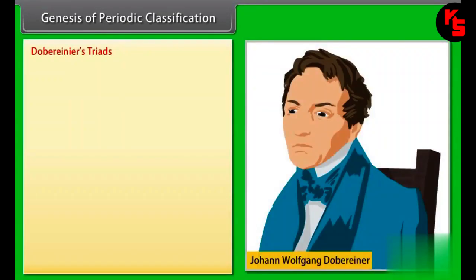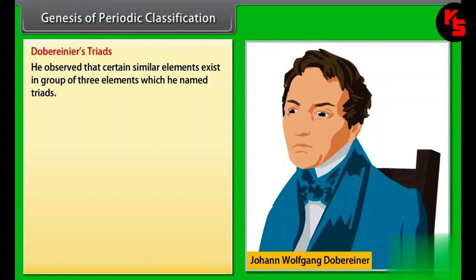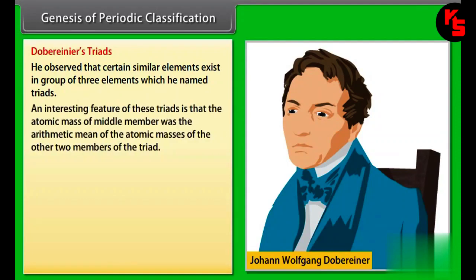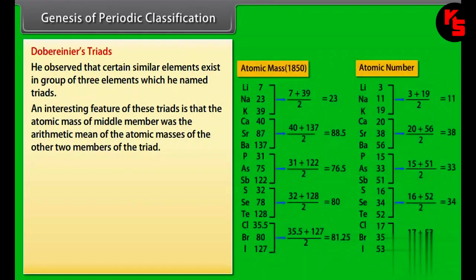Genesis of periodic classification. Dobereiner's triads. He observed that certain similar elements exist in group of 3 elements, which he named triads. An interesting feature of these triads is that the atomic mass of middle member was the arithmetic mean of the atomic masses of the other 2 members of the triad.